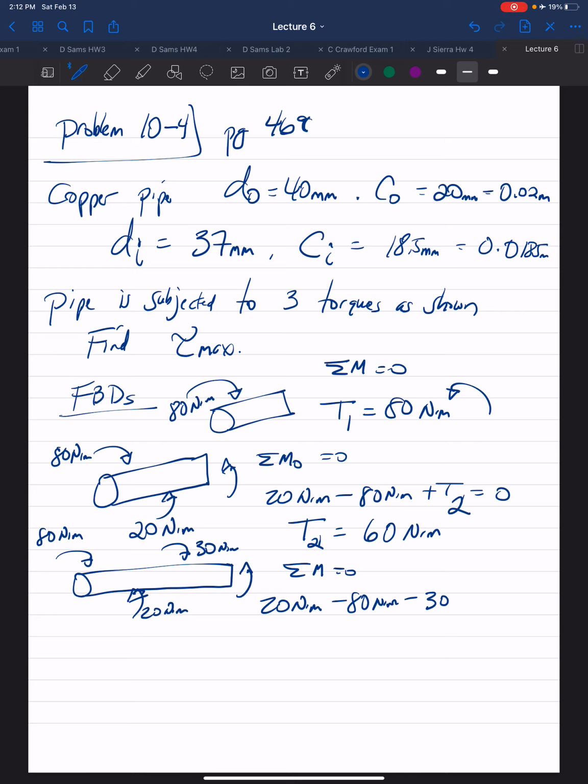And we have to take into account, we're solving for our internal torque in that section. We'll call it T3 plus T3 equals 0. T3 will be 90 newton meters. We're keeping track of our rotation directions, and they have to all balance out for it to be in equilibrium.